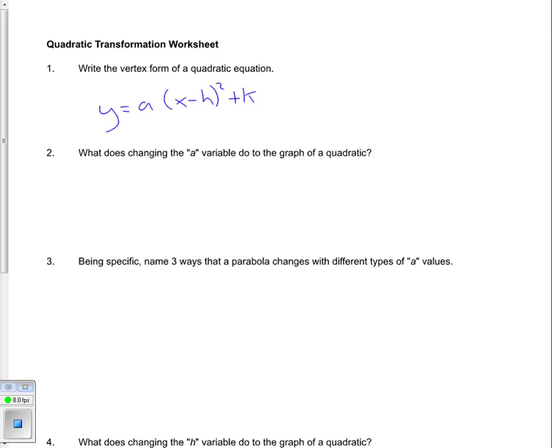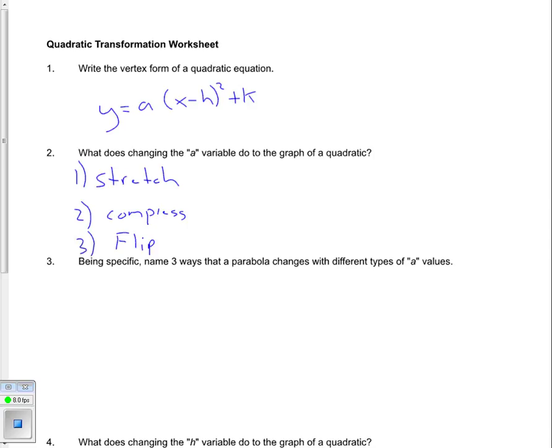It will either stretch the quadratic, it will compress the quadratic, or it will flip it upside down. Okay, so it can flip it upside down.